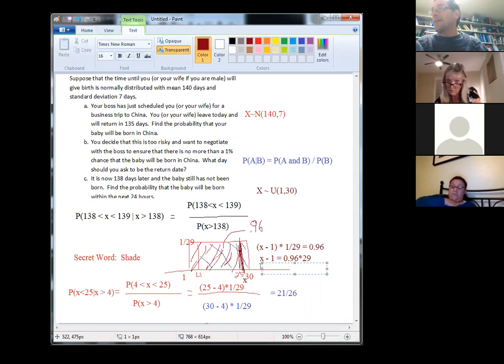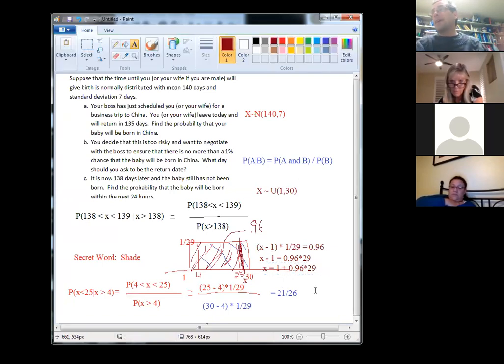You add 1. Good, we add 1 to both sides, and we get x equals 1 plus 0.96 times 29. And then you stick it in the calculator. Does that help?